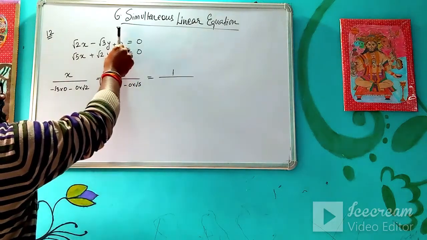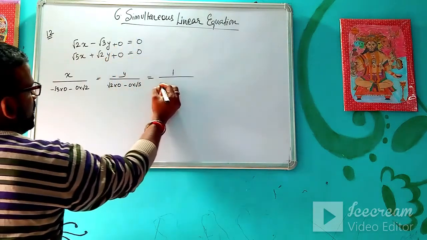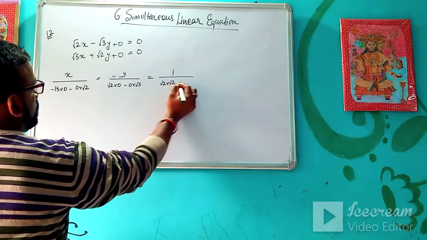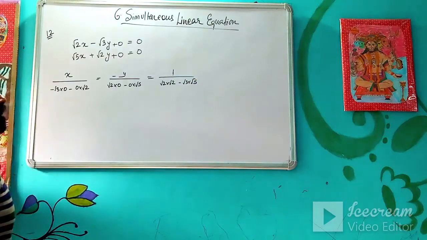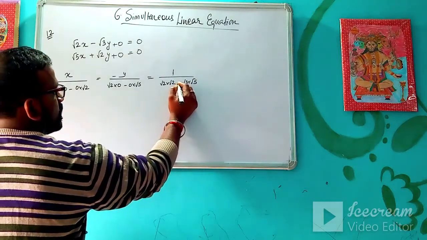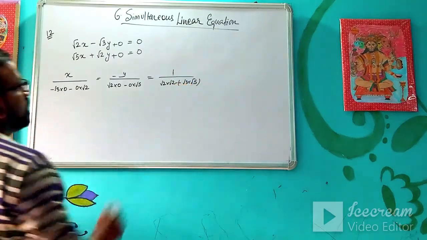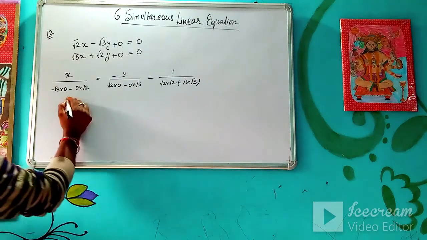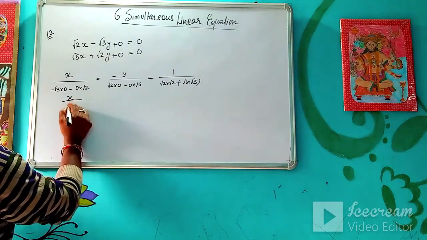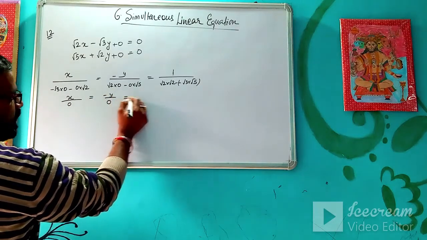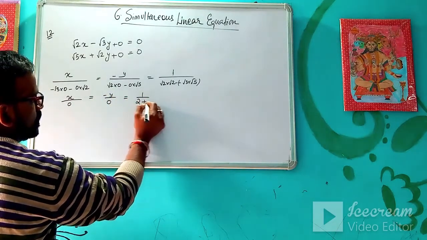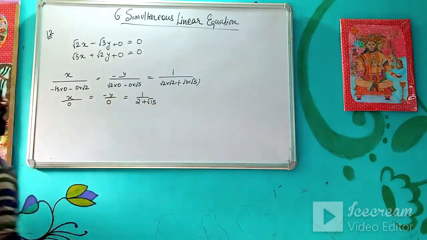And if I hide this constant, what I will get? Root 2 into root 2 minus root 3 into root 5. Okay, so this will be definitely 0. This is again 0 and this is 2 plus root 15.